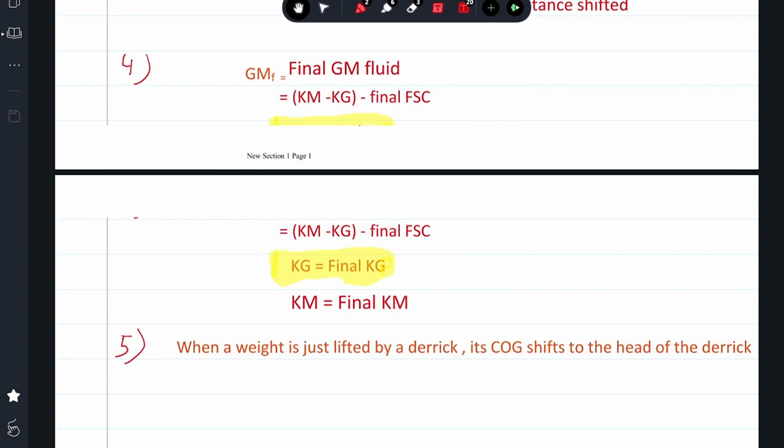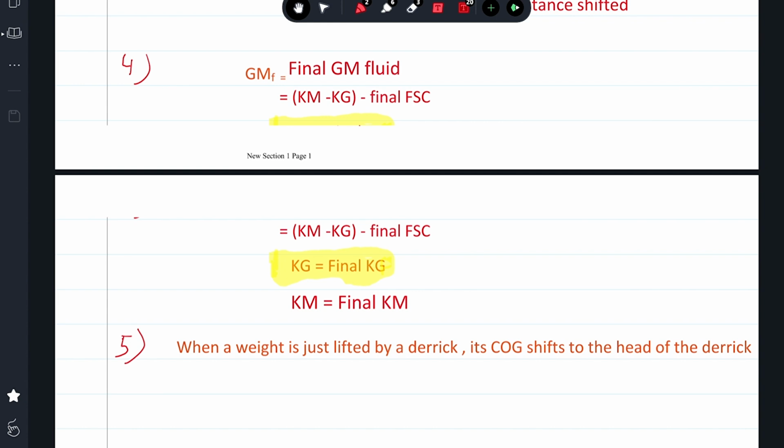Suppose the KG of the weight, its center of gravity from the keel, was 5 meters, and the derrick head, your crane, is about 20 meters from the keel. As soon as you lift the weight, you have not swung it. The weight is still in its location, and the distance from the center line is still the same. That has not changed, but the weight has just been lifted.